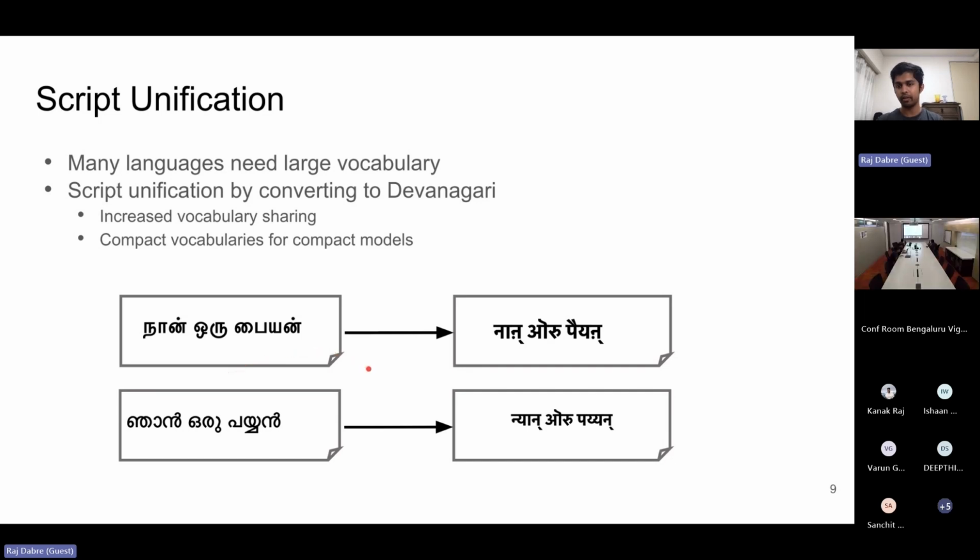But if you convert everything into Devanagari, then you can see there is a certain amount of similarity that appears between the two languages. And if you train a vocabulary on these shared script equivalents of the original scripts, then you have the opportunity to share a significant amount of vocabulary. And when you share some vocabulary, you always have the opportunity to perform some kind of transfer learning.